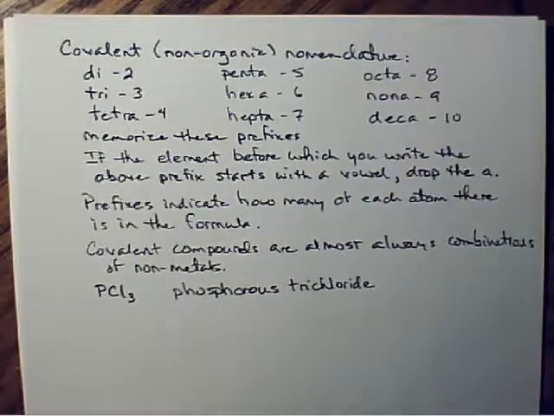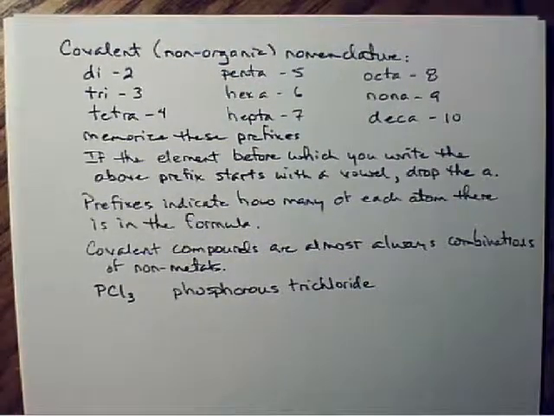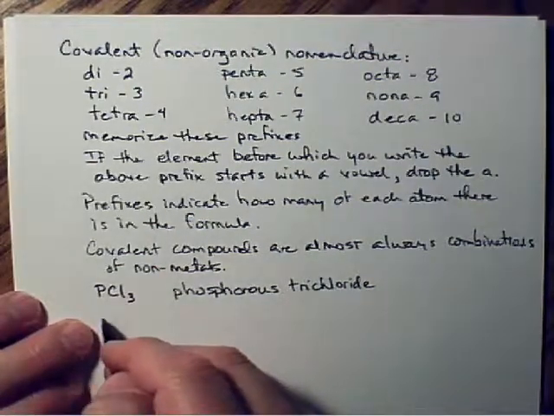Okay, so the IDE ending applies to negatively charged monoatomic ions every time, and it applies to the second element in a binary covalent compound. Yeah, let's do one of those. Okay.